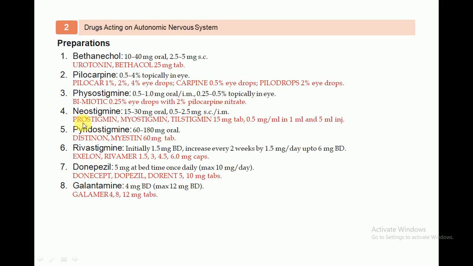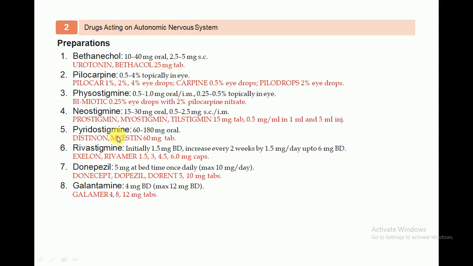Brand names include Prostigmin and others, available as 15 milligram and 30 milligram tablets, and as 0.5 milligram per ml injections in 1 ml and 5 ml forms. So it can be given to patients in oral dosage form as well as injections.